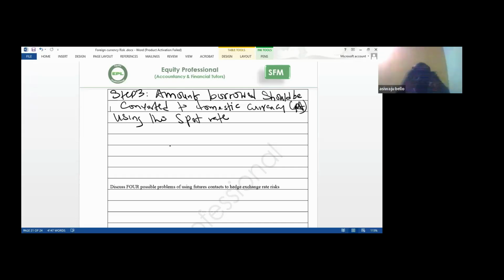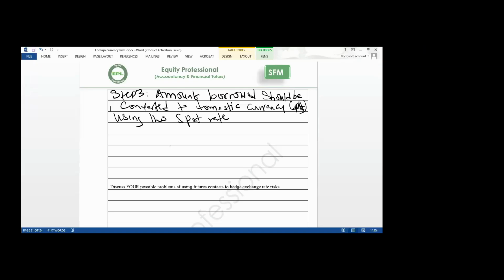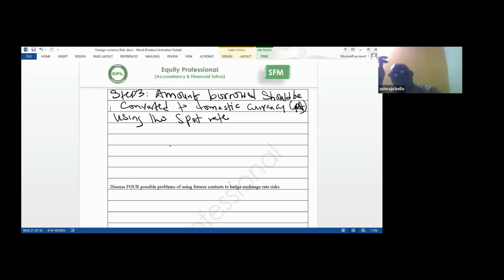In this case, our company will be selling dollar. Bank will buy. Under indirect quote, bank will buy at the higher rate.